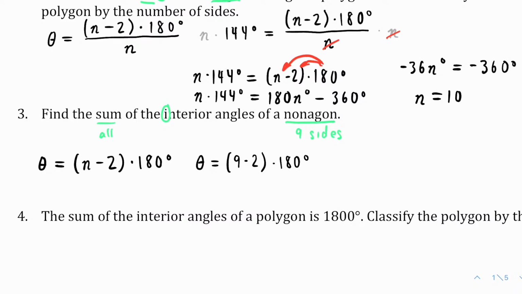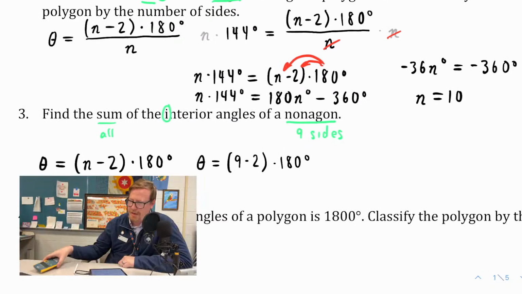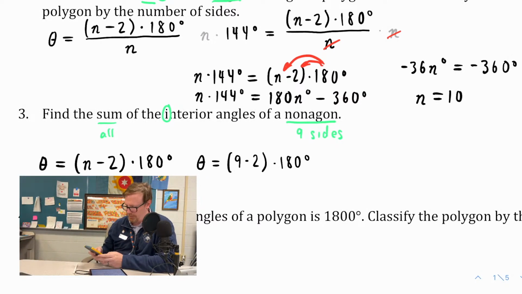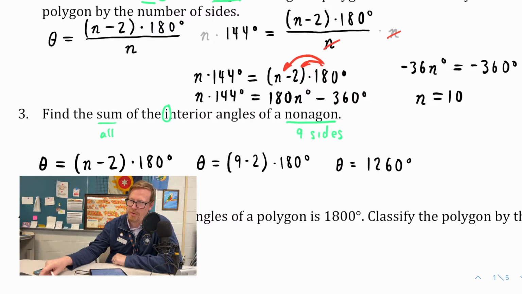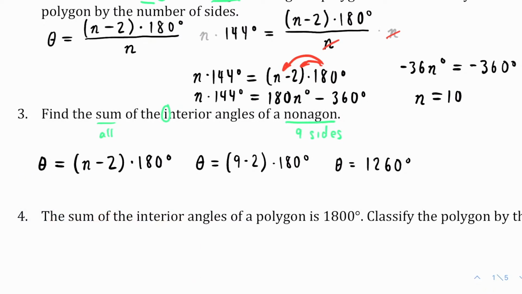And I can do that directly in my calculator. So 9 minus 2 is 7. 7 times 180 is 1,260. So I'm going to write theta equals 1,260.